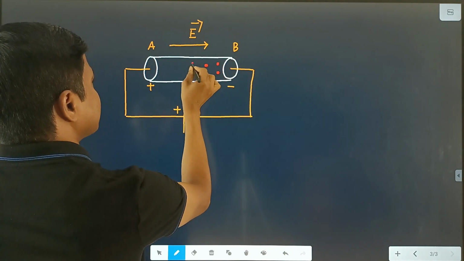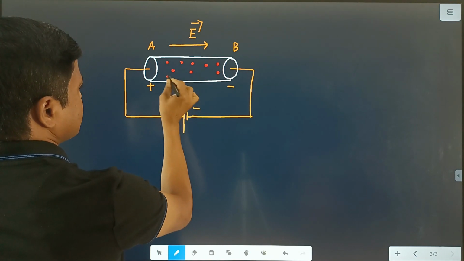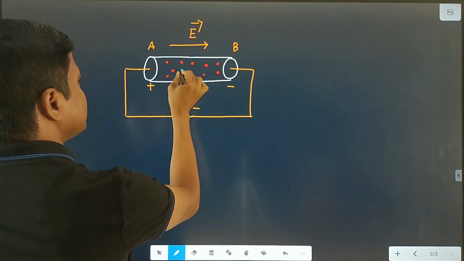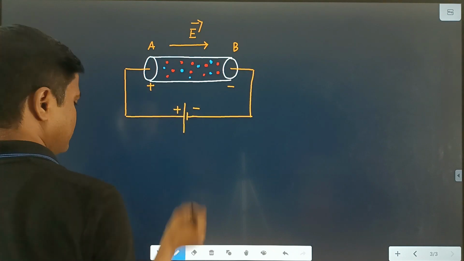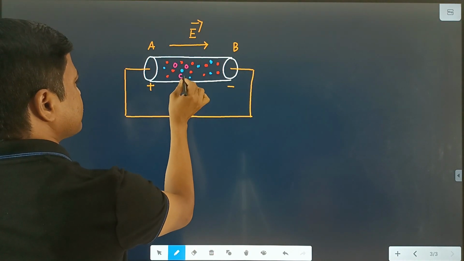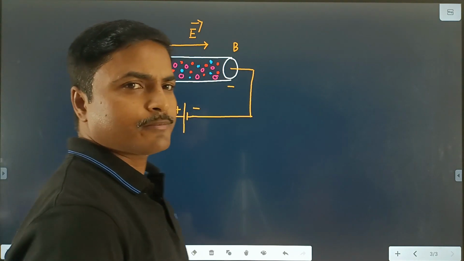Then you know inside the conductor electrons are there. These are the free electrons. And ions are also there. Suppose these are the ions. And atoms are also there. Suppose these are the atoms. Then what happens?